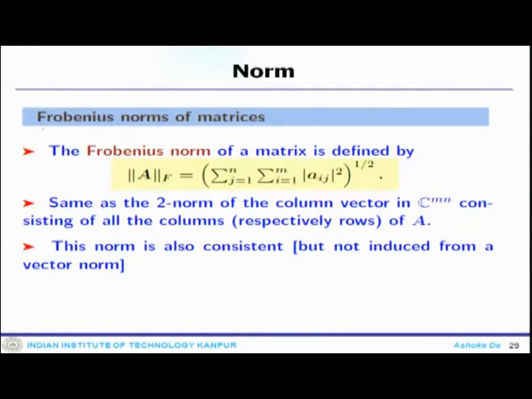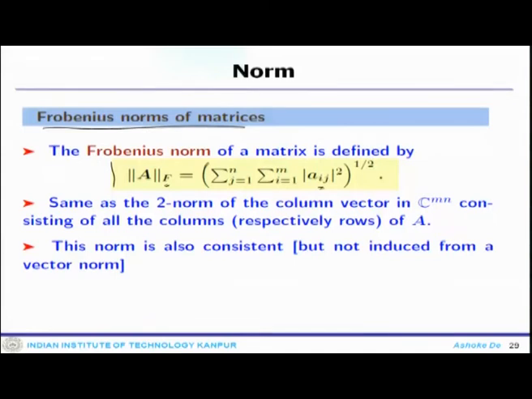Now, when you look at the Frobenius norms of matrices, the Frobenius norm of matrix A, where F stands for the Frobenius norm, equals the sum over j equals 1 to n, i equals 1 to m, of alpha_ij, these are the components of the matrix, squared, and the complete term is taken under a square root.